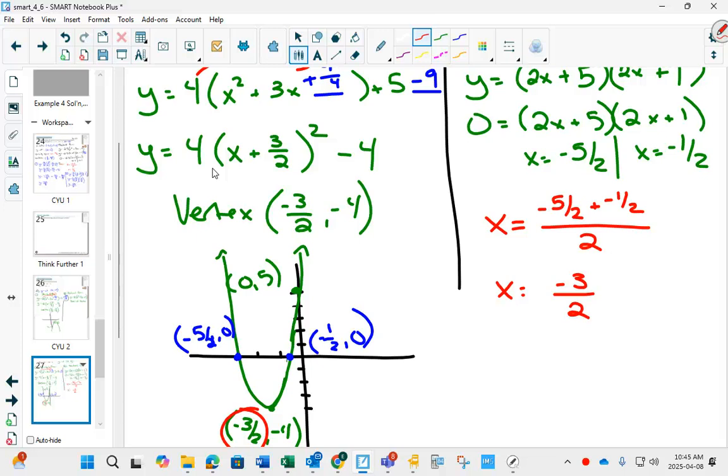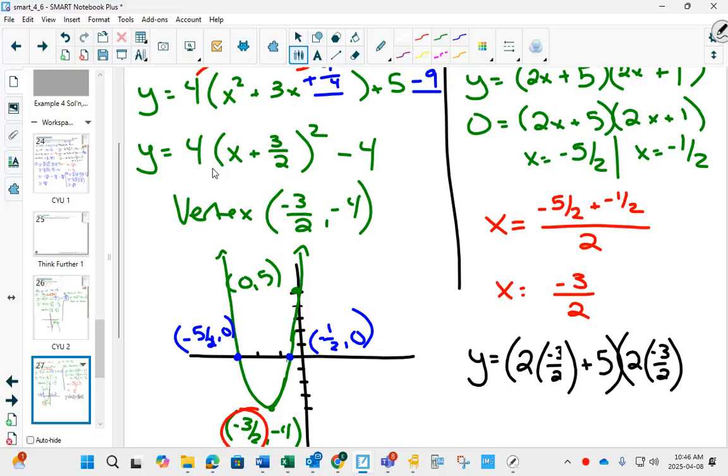That would have worked. And then to find our vertex, we would have to plug in the -3/2 in for x. And you could either do it in the factored form, and since that's the form I can see, I'm going to do that. Order of operations.